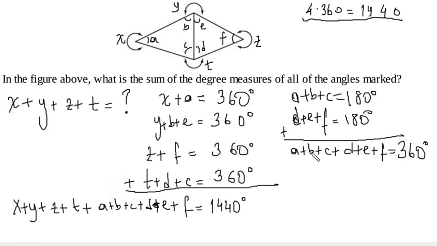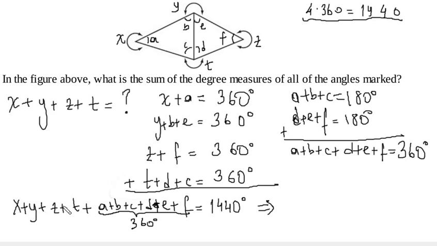As we found before, a plus b plus c plus d plus e plus f is equal to 360. So this part right over here is going to be 360 degrees. Finally, what we are looking for is x plus y plus z plus t.